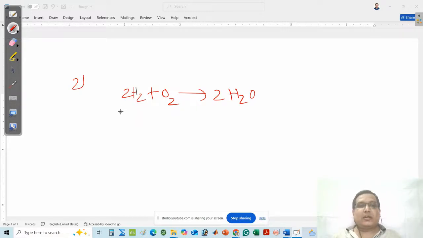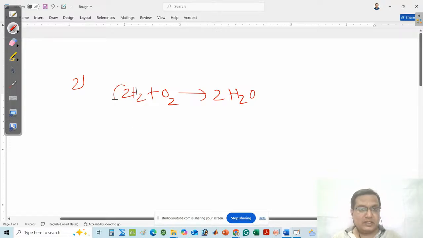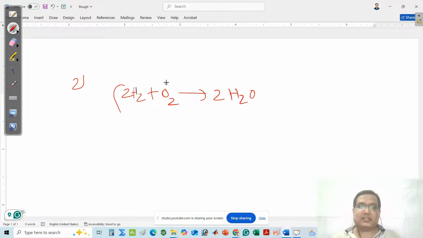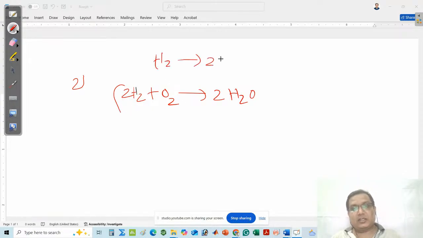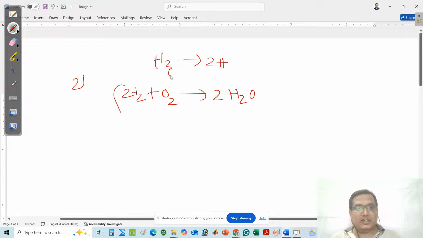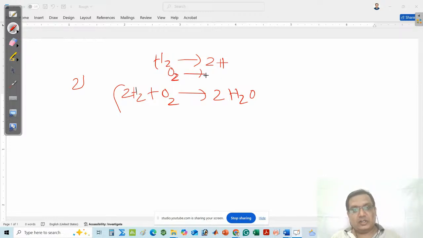Remember one important point: chemical reactions are always written in the stable form, that means in molecular form. But actually, at first, the molecules are broken into atoms. Then the atoms undergo chemical reactions. That means hydrogen first gives hydrogen atoms, oxygen gives oxygen atoms. Then the oxygen atom and hydrogen atom react with each other to form water molecules.